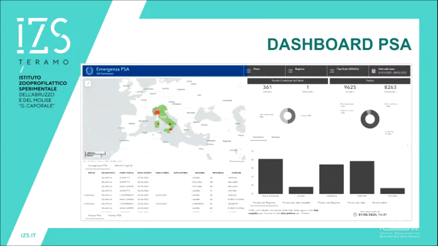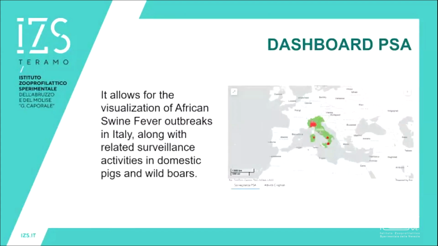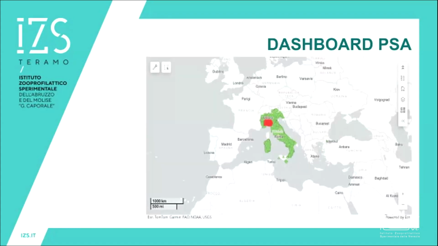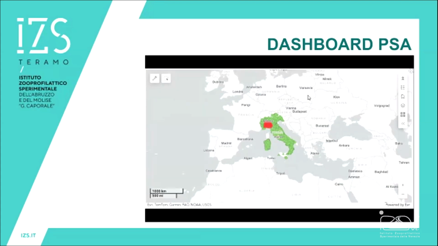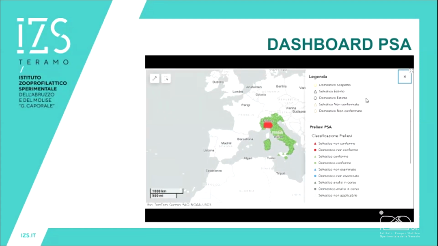So as you can see, there's a graphical part, a spatial part, with two maps that map not only the outbreaks, but even the surveillance activities. And the first one that I'm going to show you is related not only to the wild boar population activities, but also to data related to the domestic pig population.